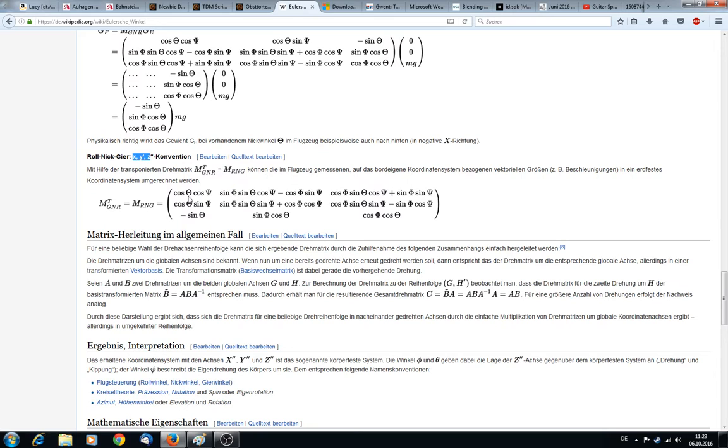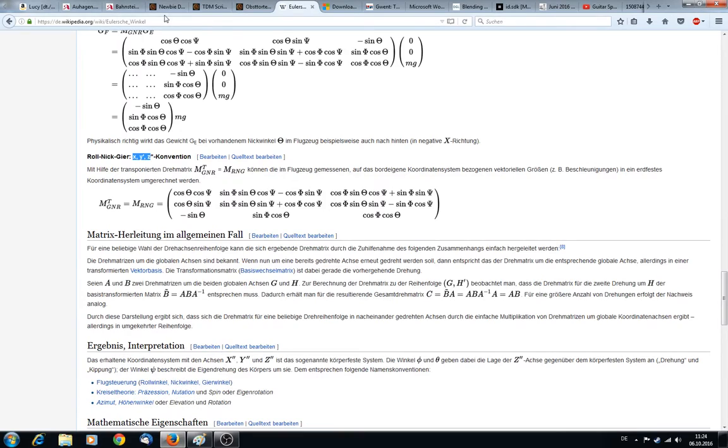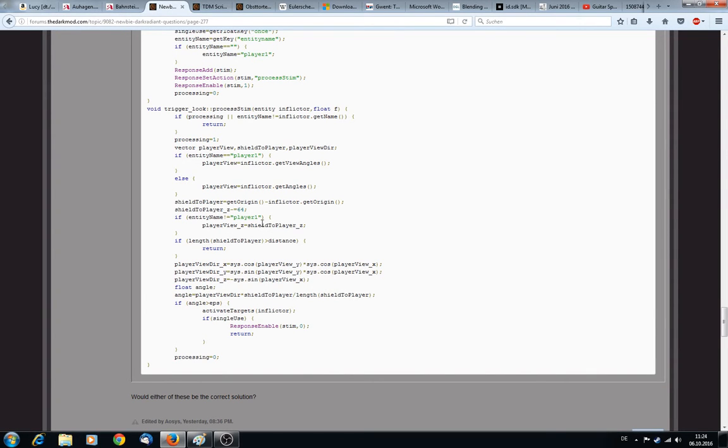You can see here we have basically two different angles which play a role. If we take a look at the script, we can see that this is actually this point here. This player view is a value which gets the view angles here.